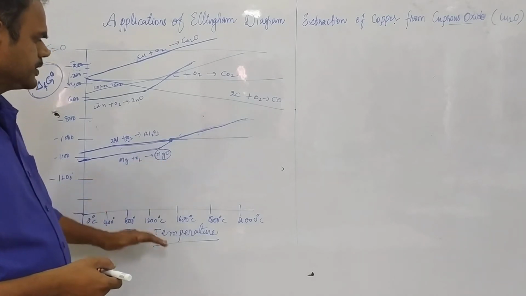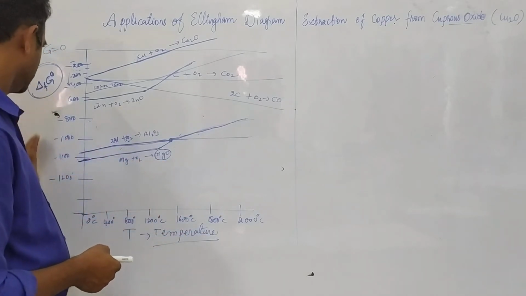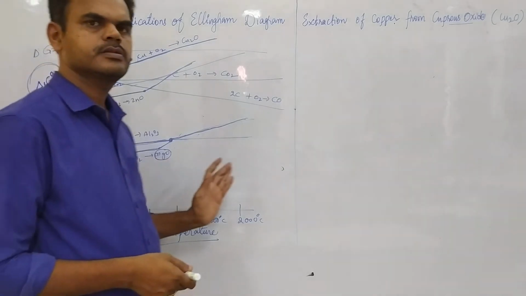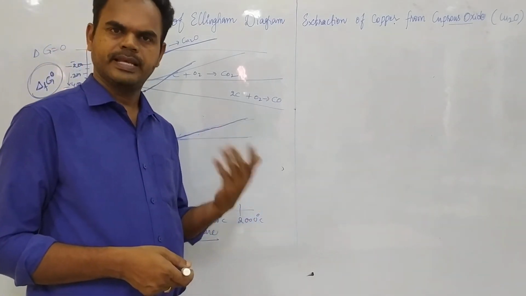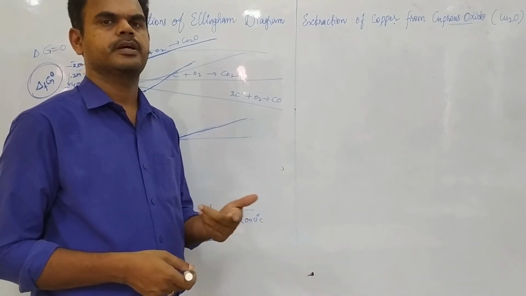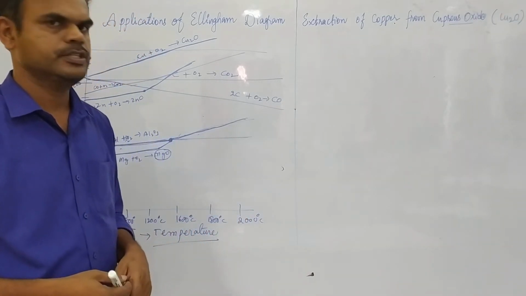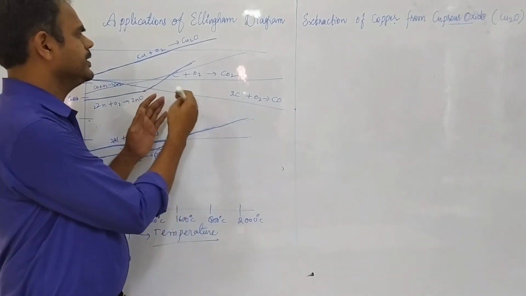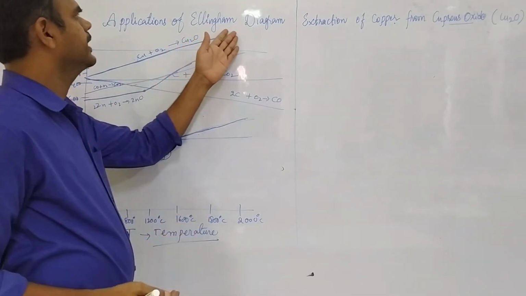As the temperature increases, delta G goes negative, which means the reduction of the metal oxide becomes spontaneous and feasible.